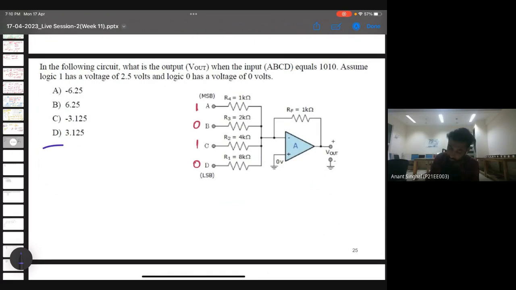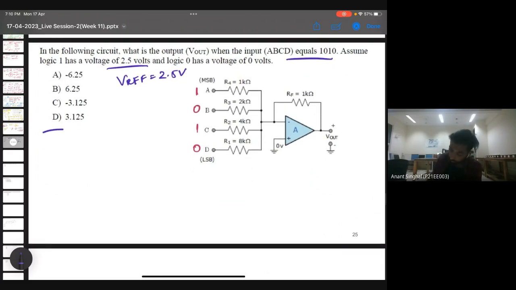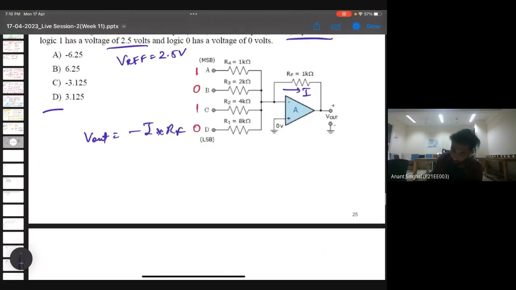It says assume logic 1 has a voltage of 2.5 volts. So this is nothing but Vref, that is 2.5 volts, and logic 0 is 0. So what will be the output of the circuit? V out will be nothing but minus I into RF, where I is the incoming current and this is virtually ground.